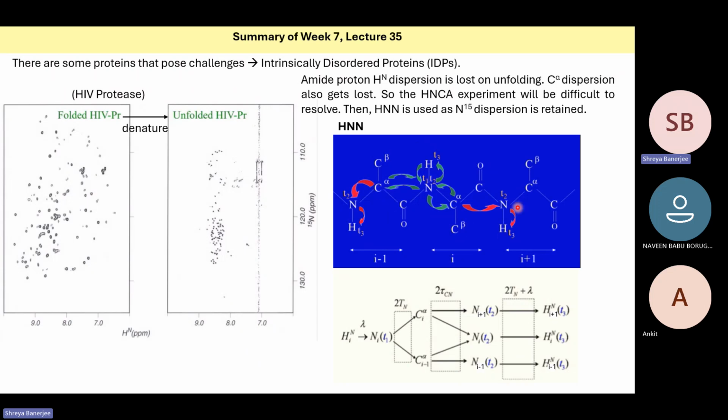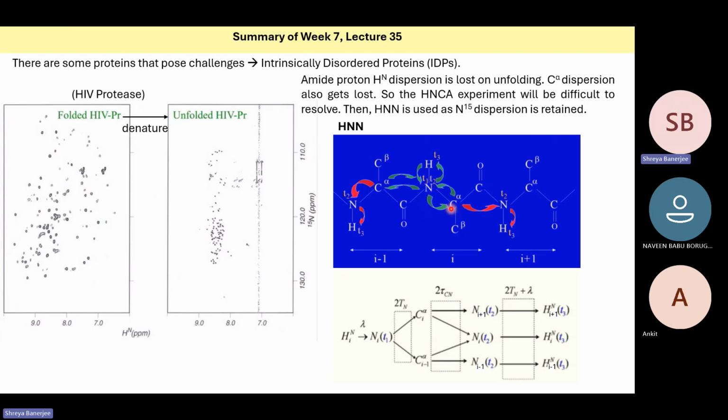You can see here, suppose we are starting from this H. From this H, we come to this N. From this N, we go to C alpha i and C alpha i minus 1. From C alpha i minus 1, we can go to Ni minus 1, or we can go back to Ni.